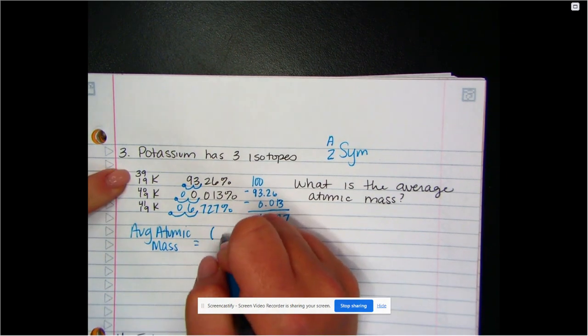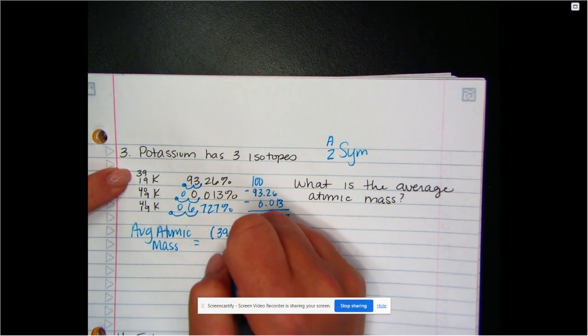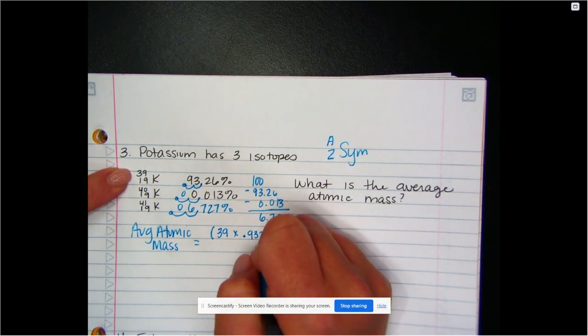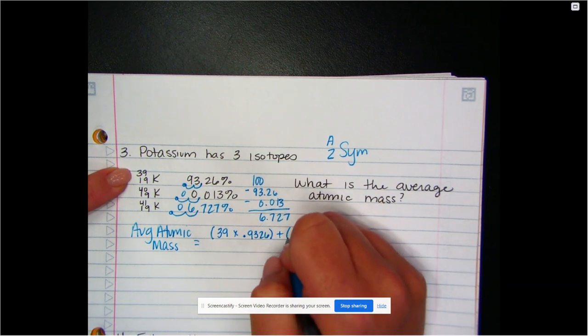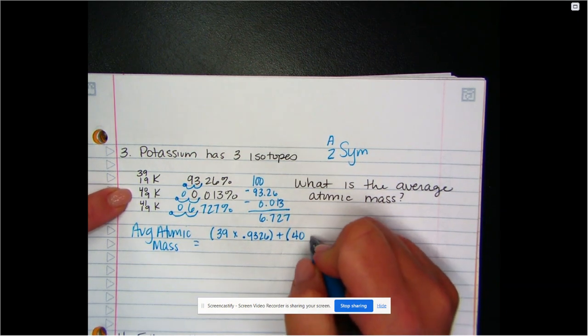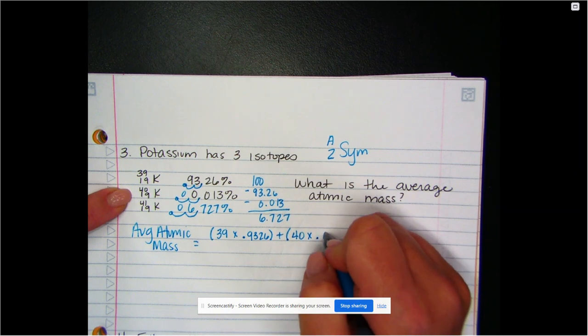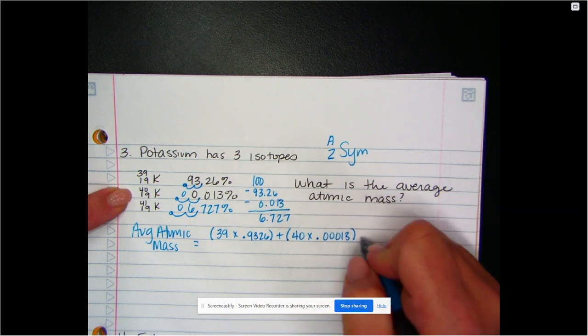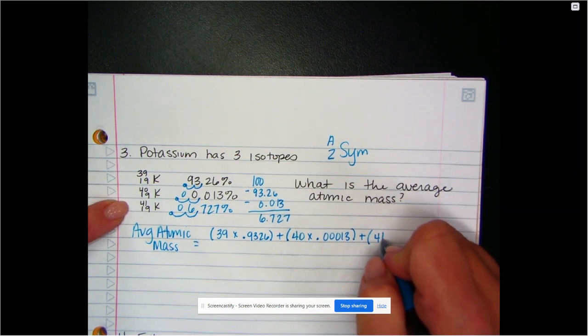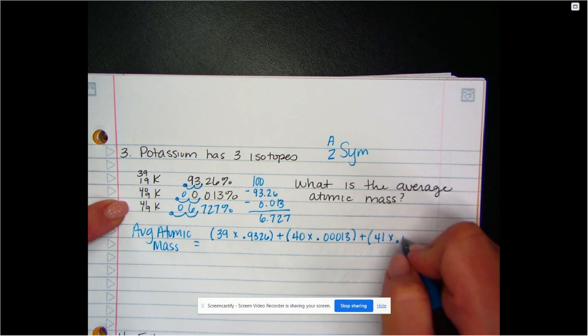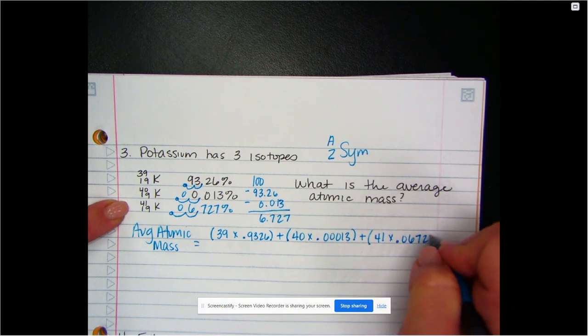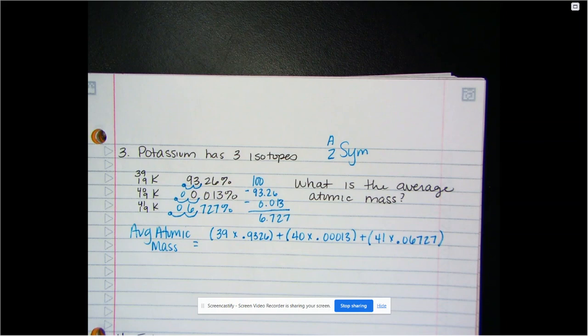So my mass for the first one, 39 times 0.9326, plus my mass for the second one, 40 times 0.00013, plus 41 times 0.06727. Okay.